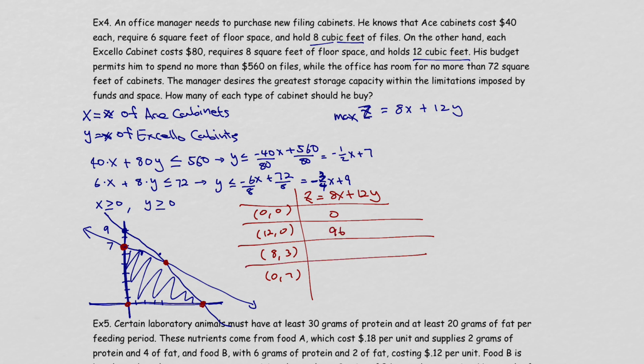And this is 8 times 8 plus 12 times 3, which is 100. And 7 times 12 is going to be 84. So it looks like this is going to be the maximum. So this is the maximum, 8 and 3. This means we are going to purchase 8 of the first cabinet and 3 of the second cabinet.